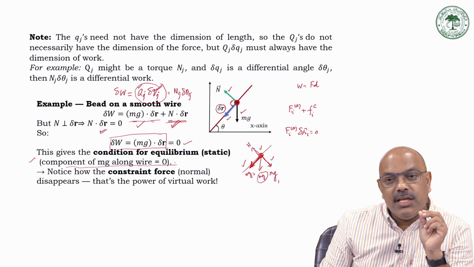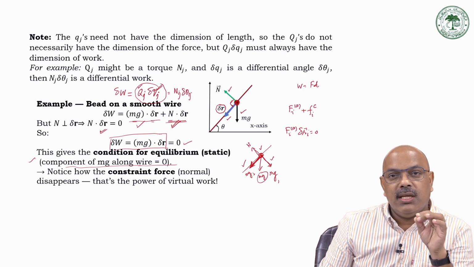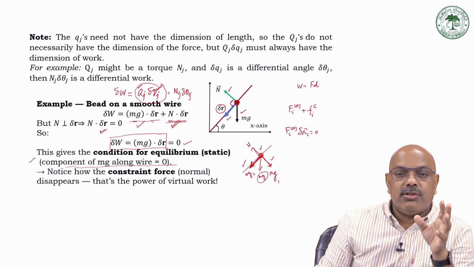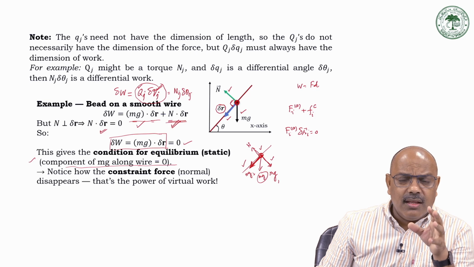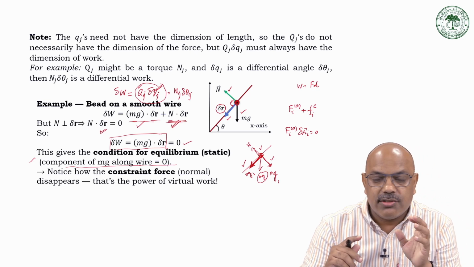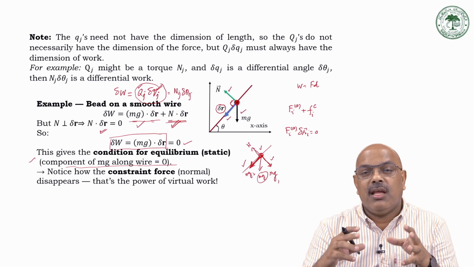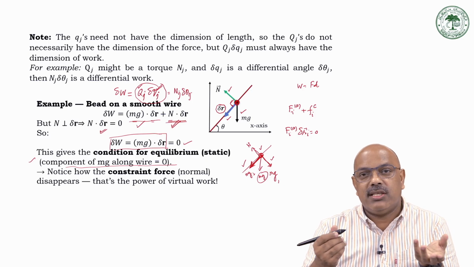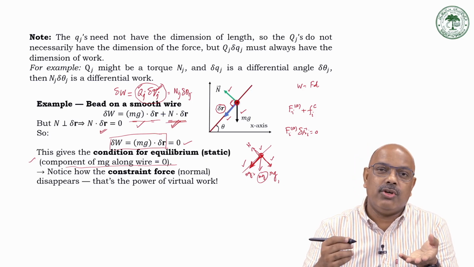Then only is the bead not moving, in static equilibrium. So you see that by applying the principle of virtual work, we can find the condition under which a mechanical system is going to be in static equilibrium.